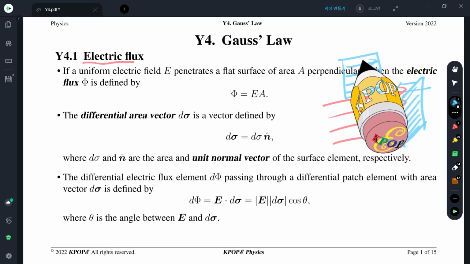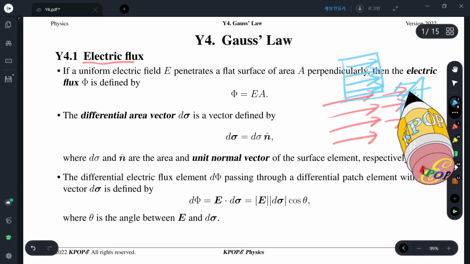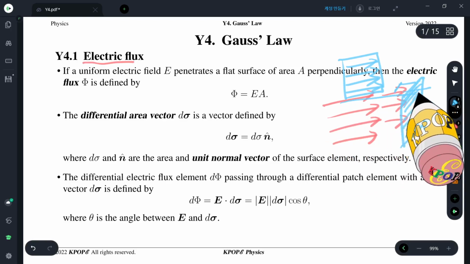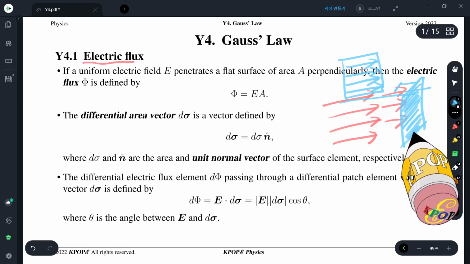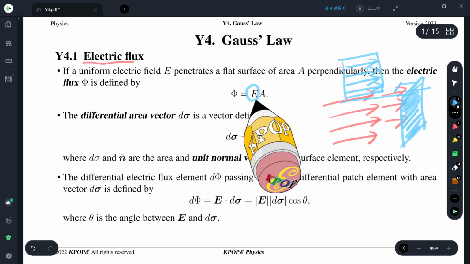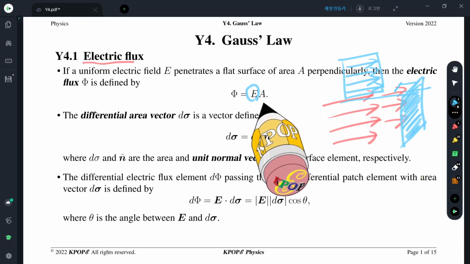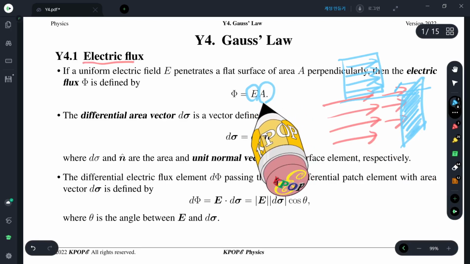And if you rotate this surface to make it a right angle, then the flux is simply defined by the constant electric field multiplied by the area of the surface.